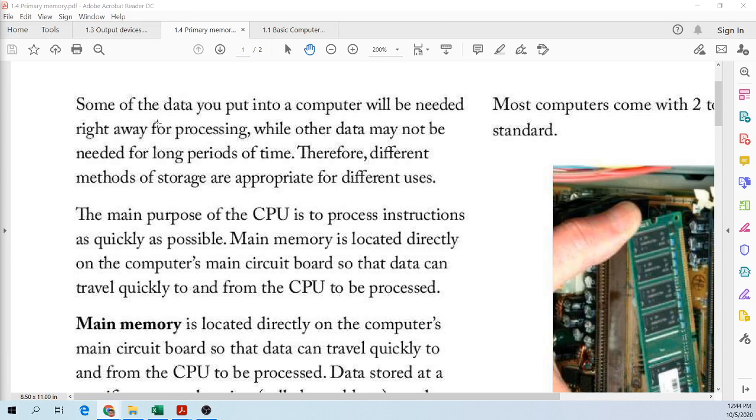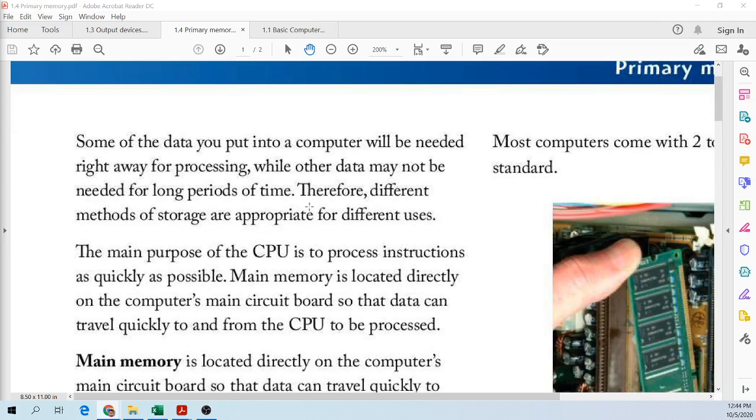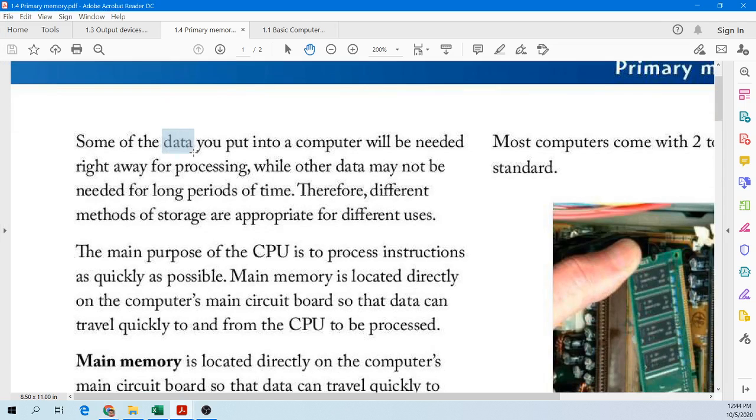Good, thank you. That's okay, Rizwan. So your computer needs data in order for it to function, in order for it to operate. Your computer is made up of hardware, mouse, keyboard, CPU, and so on.